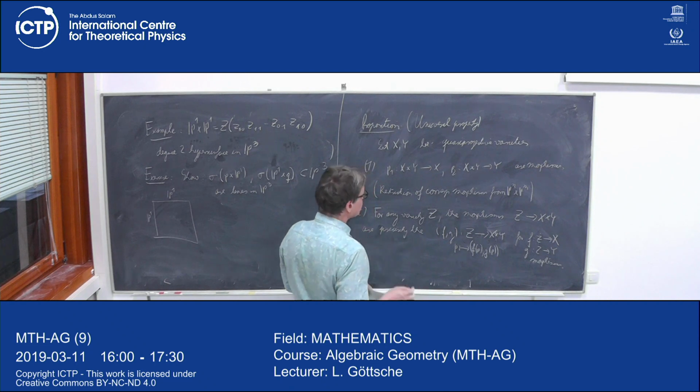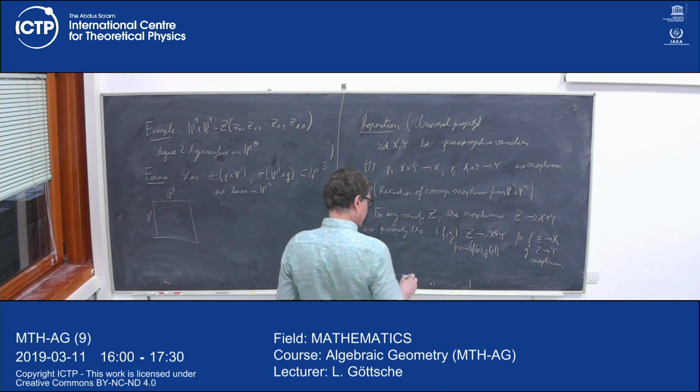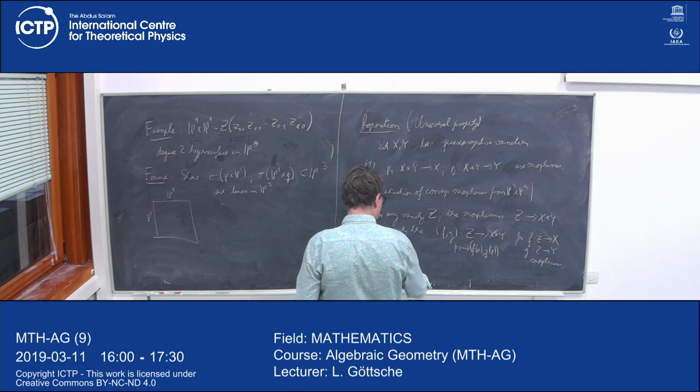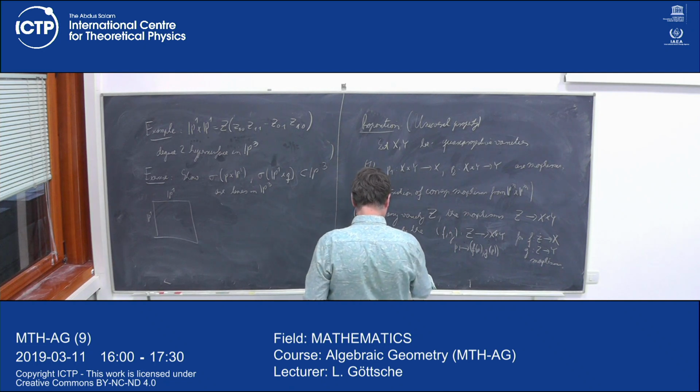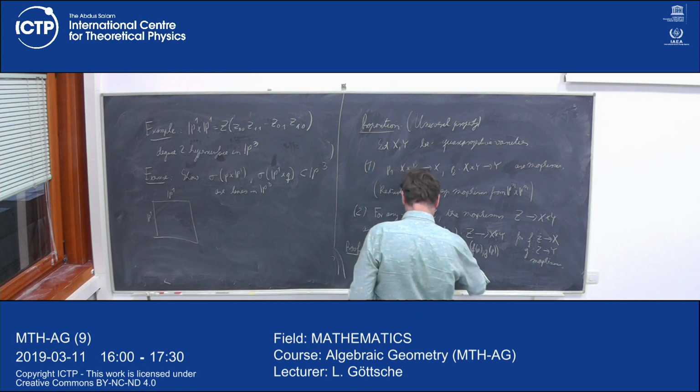So we know that P1 and P2 are morphisms. So let H from Z to X times Y be a morphism.